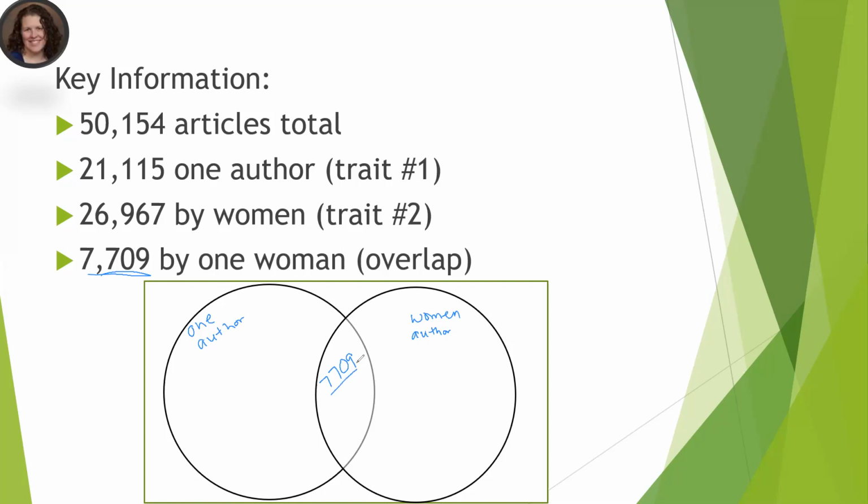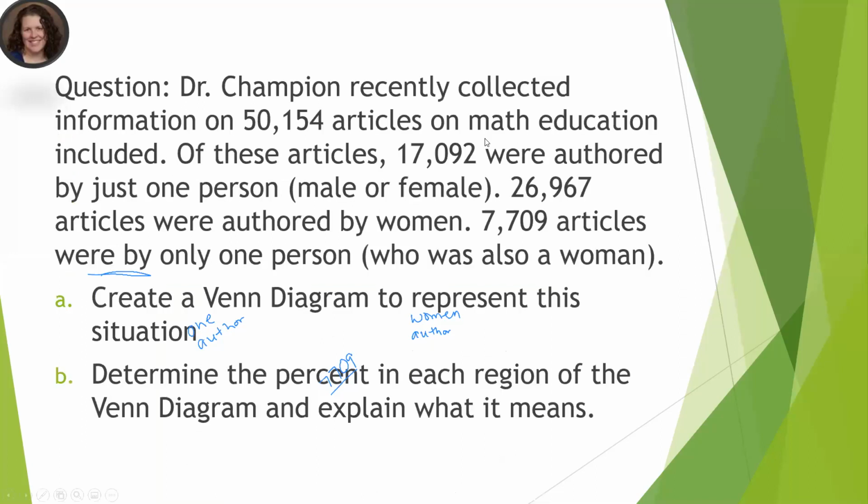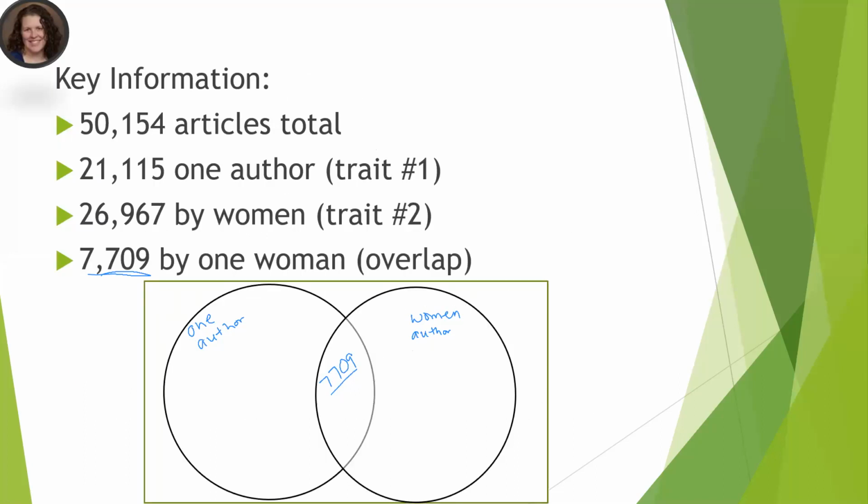Now I need to figure out how many articles were written with one author and the one author was not a woman. To do that, you're going to need to pull out a calculator, and we're going to do a little bit of quick calculations, or you can do it in your head. To find the number of articles written by just one author who was not a woman, we're going to take the total number of articles written by one author, and then subtract the number of articles with one author that were written by a woman.